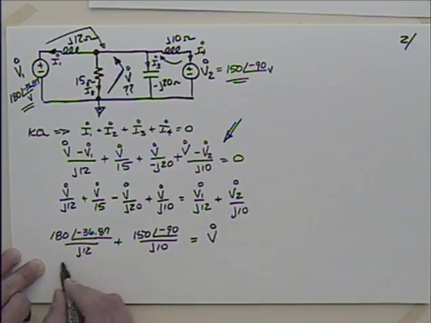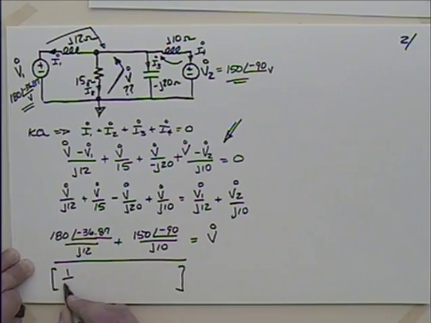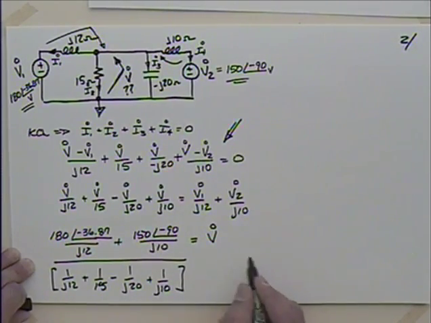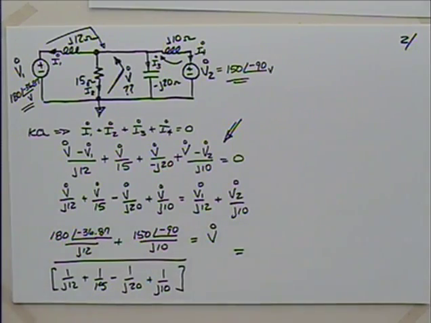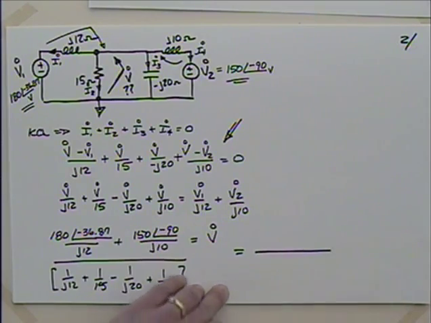So if I take this equal to V, I put what I factored out of V, which is 1 over J12 plus 1 over 15 minus 1 over J20 plus 1 over J10. So let's see what that's equal to. I'll write it in numerator over denominator form to give you some help if you're working through this.